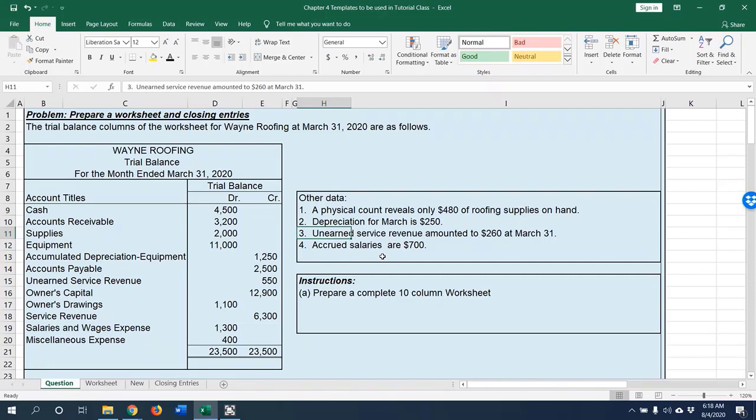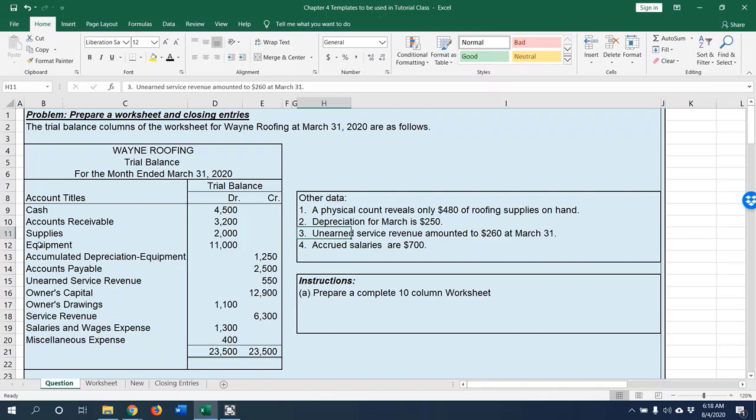Then we move to number 3. Unearned service revenue amounted to $260 at March 31. That means at the end of March, they actually had unearned revenue of a total of $260. Okay, so what do you mean by that?